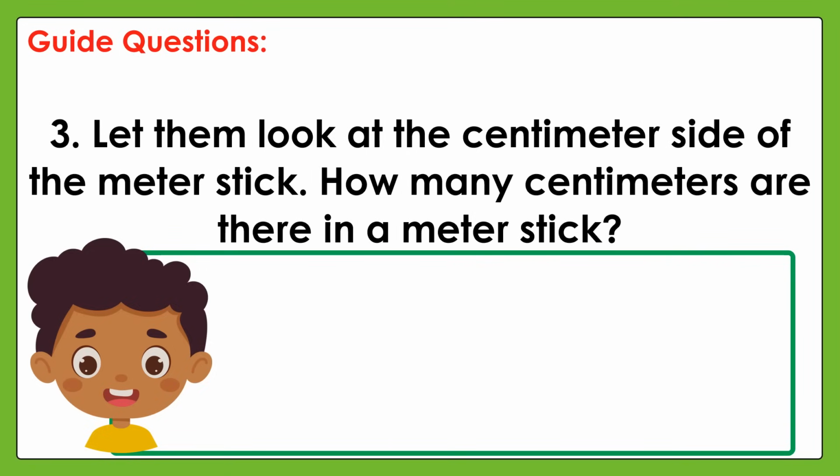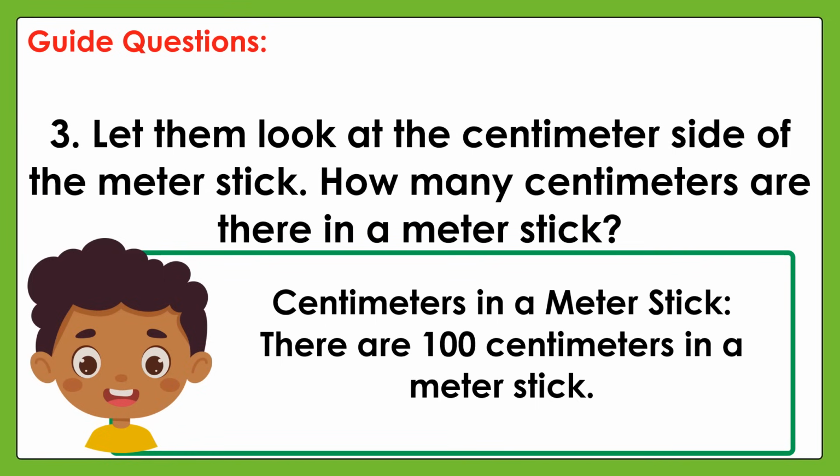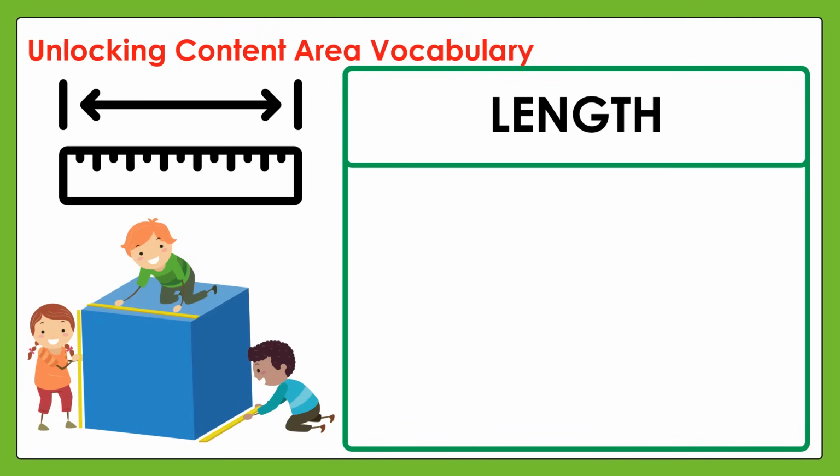Number 3, let them look at the centimeter side of the meter stick. How many centimeters are there in a meter stick? The answer, there are 100 centimeters in a meter stick. Unlocking content area vocabulary.